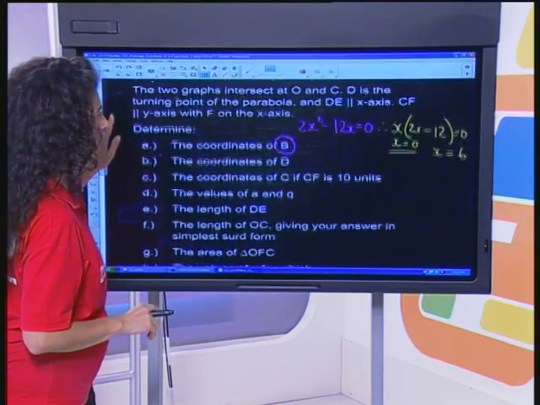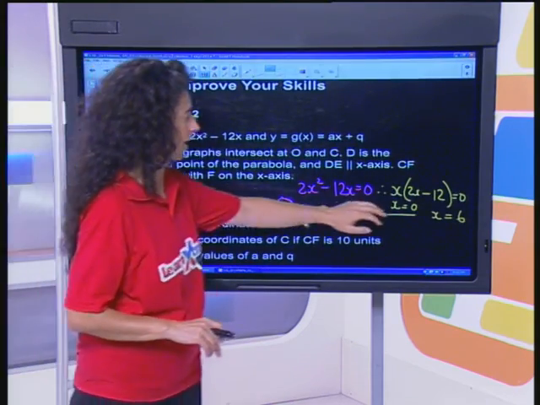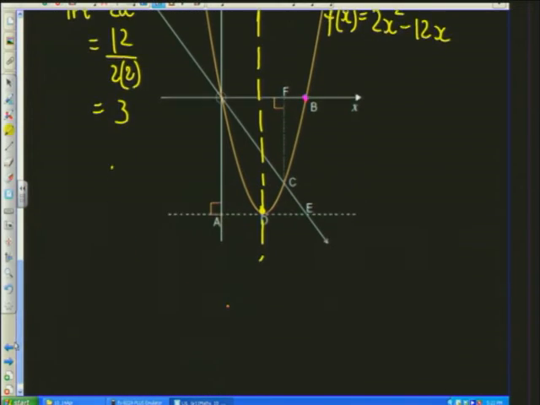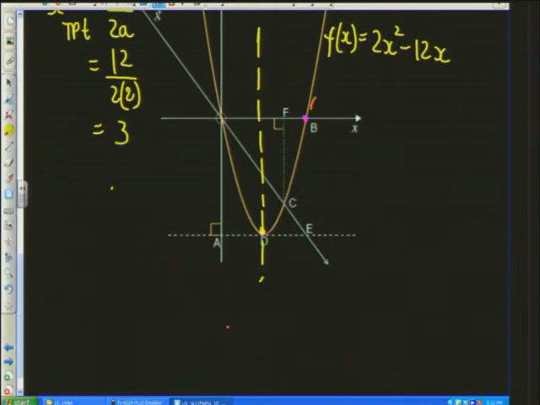We had that the x-intercept here should have been 6. So when we come to our graph and fill in that this value here is 6, we can see that if this distance is 6, this yellow line will bisect that distance. So that value there must be 3. Hence the x of the turning point being 3. And what do we do to get the y value? We would substitute 3 back in there.